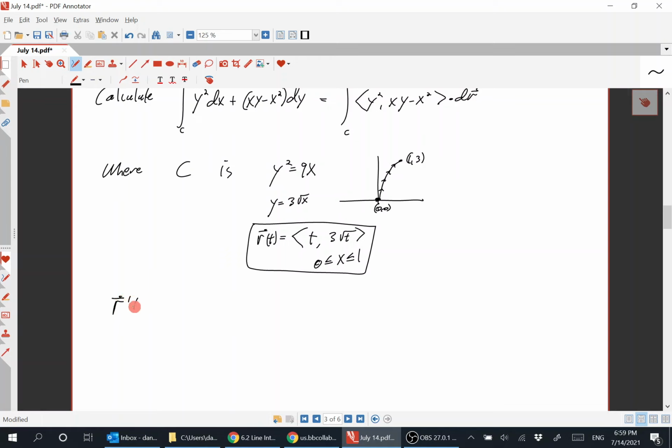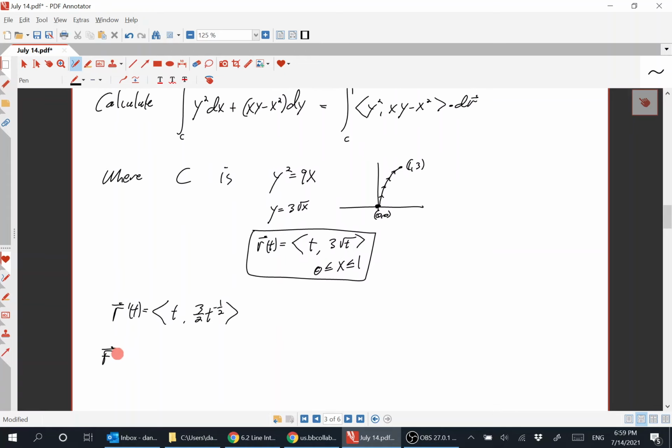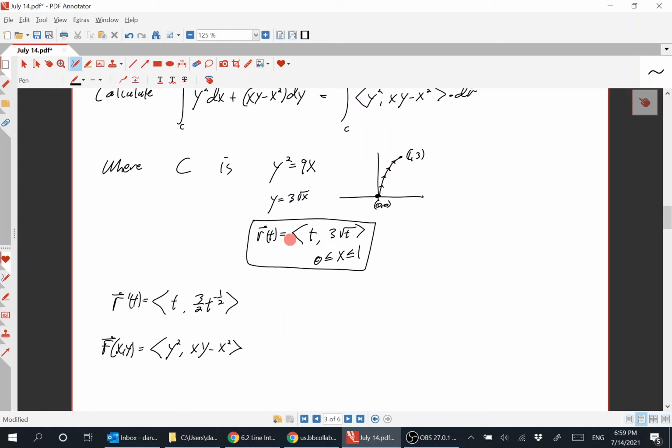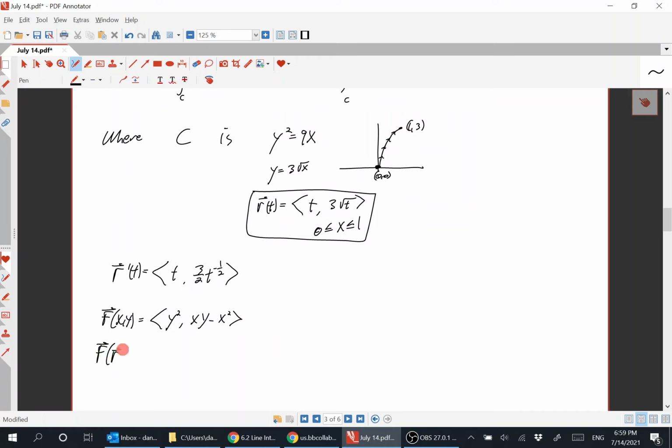So now we need to know r prime of t. So r prime of t is just 1 and then 3 halves t to the negative 1/2. And f of x, y was equal to y squared, xy minus x squared. So f of r of t is equal to y squared, so that's 9t, xy, so that's 3t to the 3 halves, minus x squared, that's just t squared.